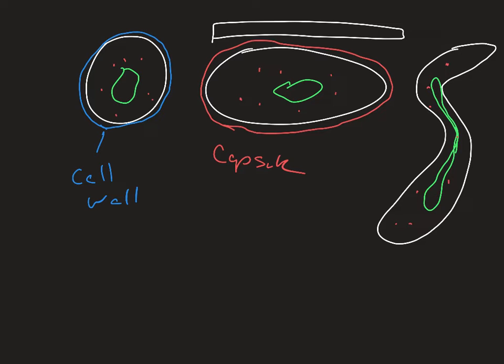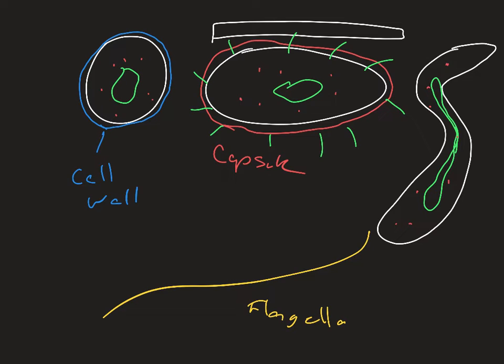Some of them have things like this. That's called the flagella. Okay? Some can have little things like this, and those are called cilia. And they're little hairs. Those little hairs kind of move, and so it can cruise around.